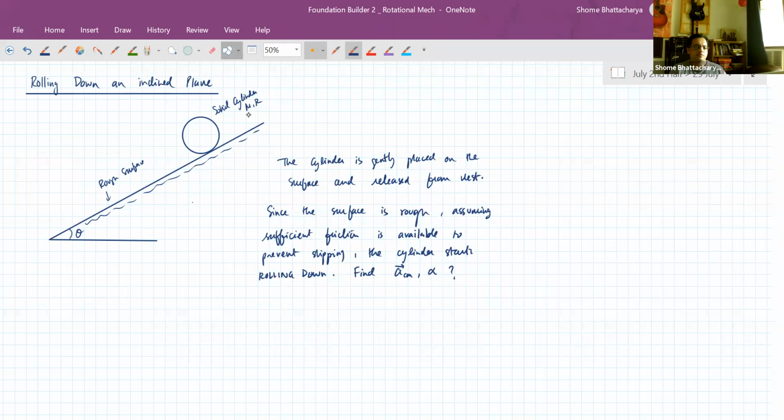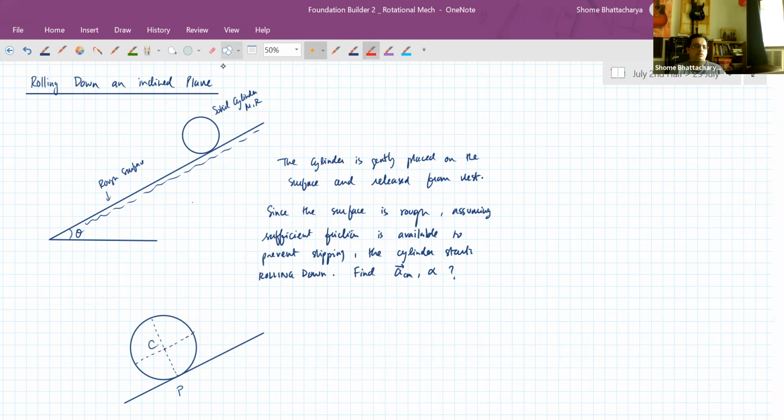diagram of this cylinder. Now let's say this is the inclined surface. So at this point of contact, this is the normal to the incline and this is the parallel to the incline at the center of curvature.